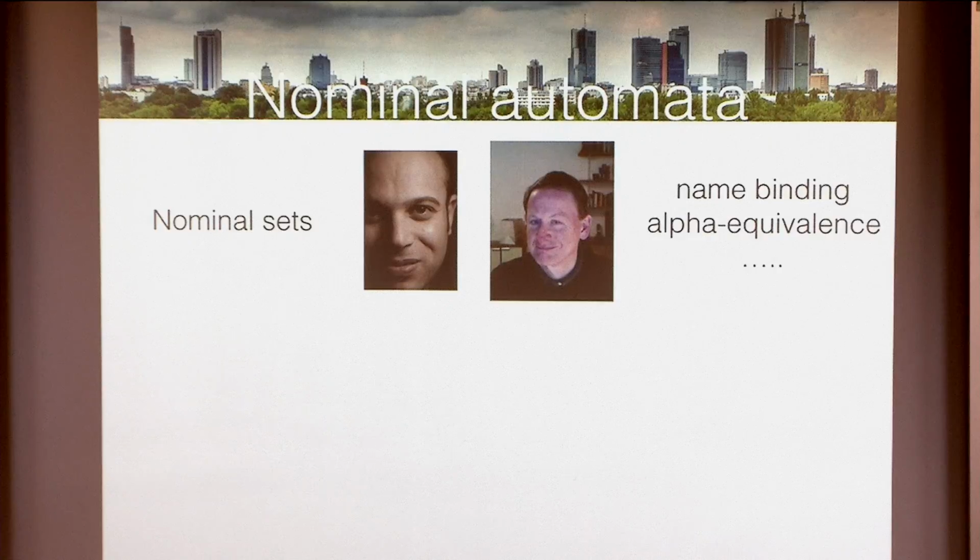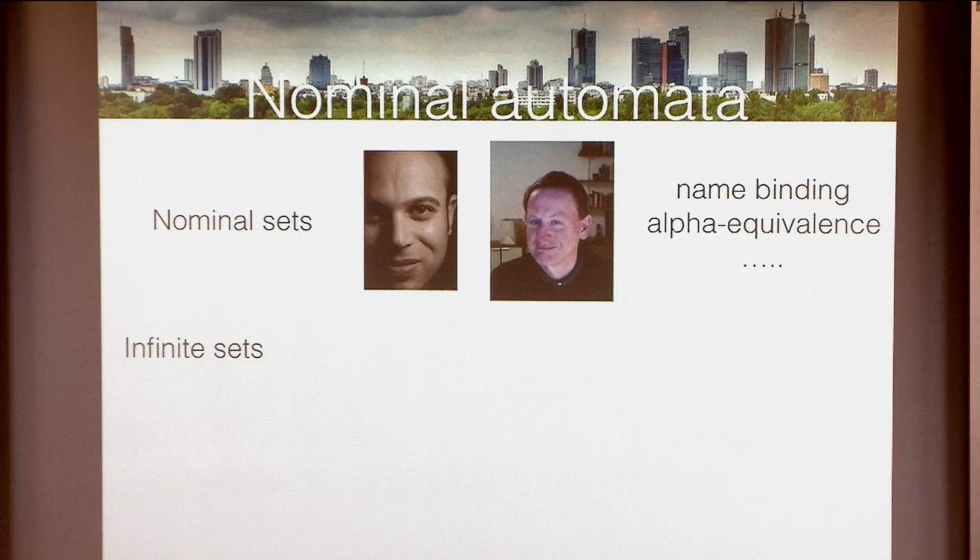There are many ways to formalize what these automata really are, but what I'm going to use in this talk is what we call nominal automata. I think many of you in the audience have seen this. Nominal sets were rediscovered in computer science by Andy Pitts and Jamie Gabbay when they were studying an elegant mathematical framework to deal with alpha equivalence and name binding in the semantics of programming languages.